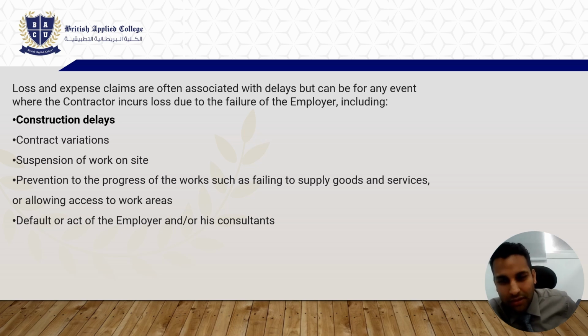Contract variation is, say, if they have told you that they need 2000 square feet of construction, but later they need something else which was not part of your original plan. Then there is a certain amount of funds which you need to get from the client, and you also need to tell them that.